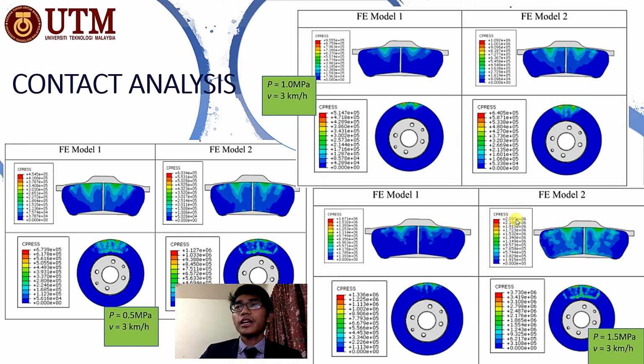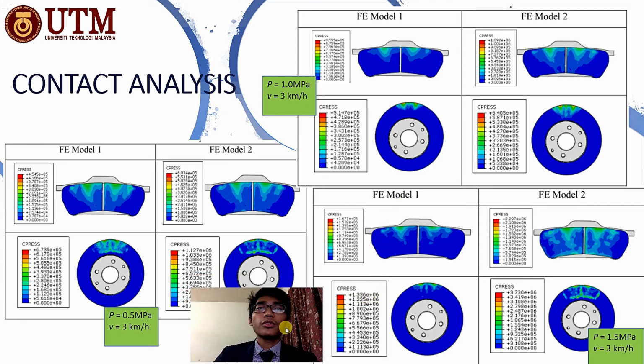The pressure exerted for FE model 2 is 2.3 megapascal, but for FE model 1 is only 1.7 megapascal. For the pressure on the surface of the disc, the pressure exerted is 3.73 megapascal for FE model 2 and 1.33 megapascal for FE model 1.